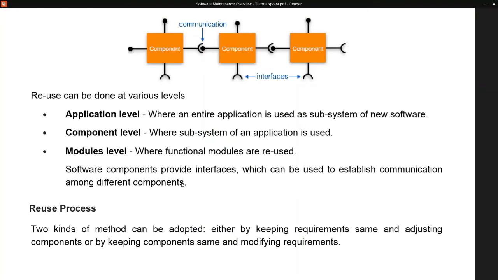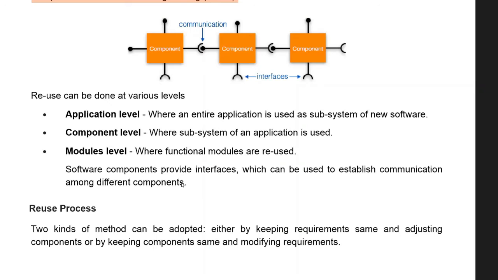In the reuse process, two kinds of methods can be adopted, either by keeping requirements the same and adjusting components, or by keeping components the same and modifying requirements.